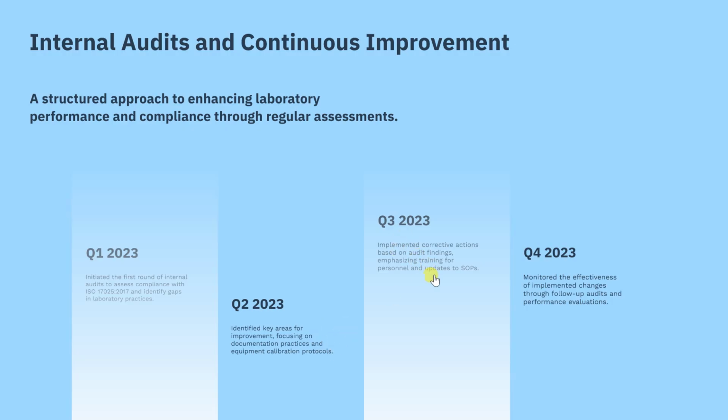In quarter three, we implemented corrective actions based on audit findings, emphasizing training for personnel and updated SOPs, as we discussed a bit earlier that training is very crucial for good laboratory management skills and activities.